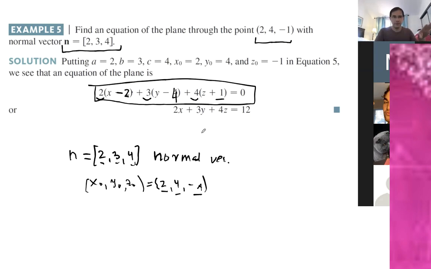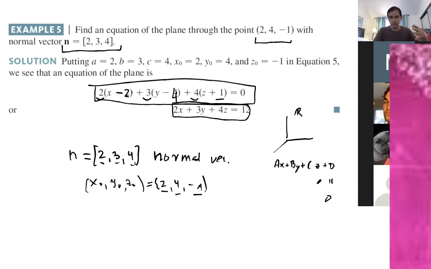And then when we simplify this equation, we get 2x plus 3y plus 4z plus 12. This is the equation of this plane. Remember, in a three-dimensional space, every plane has this equation: ax plus by plus cz plus d equals 0.